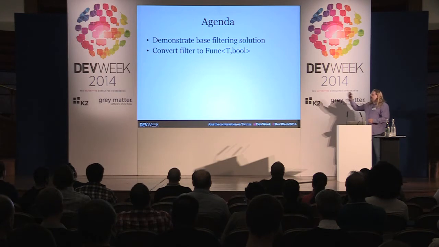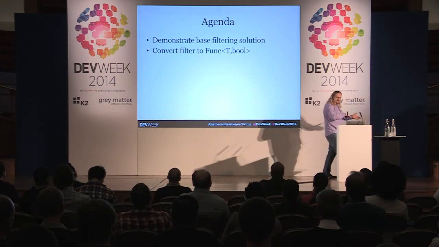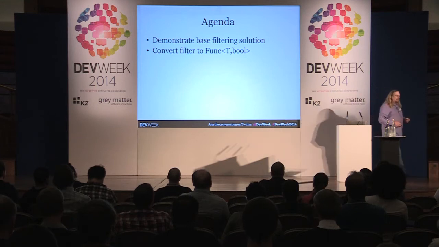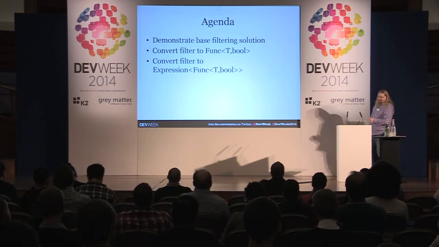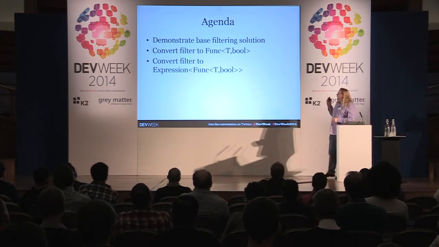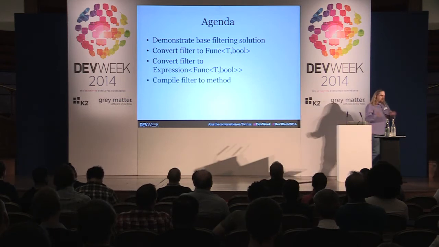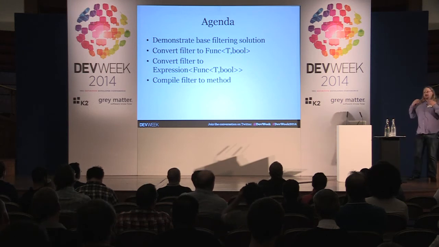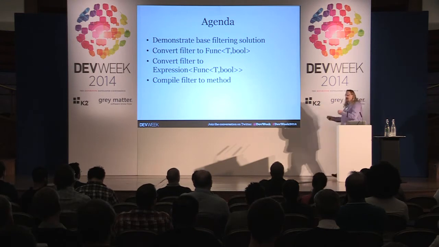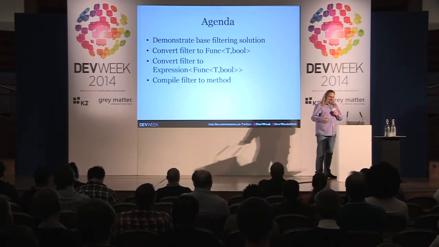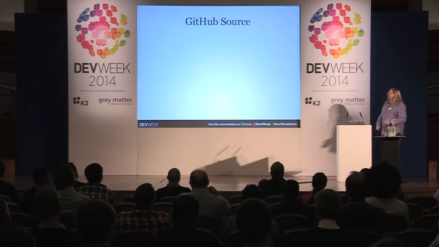We'll then take the filter pattern and transfer it into functions, so a Func of T. From that, we will transfer it into an Expression of Func of T. And then we'll look at compiling the filter to a method. So we will be using the strategy pattern to build code, compile it, store it on the file system, then retrieve it and use it later on. But we'll walk you through the steps to get there.